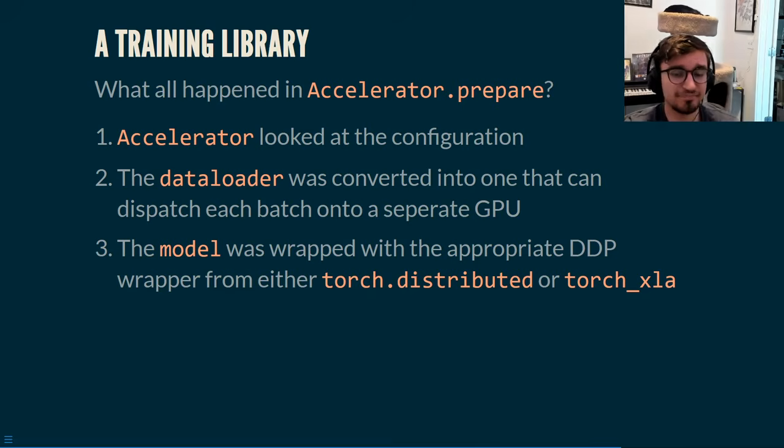Next, the model was wrapped. I hinted at this a little bit earlier. Torch Distributed and Torch XLA have their own model wrappers, because when you are training on multi-GPU, each GPU needs to have a copy of the model.